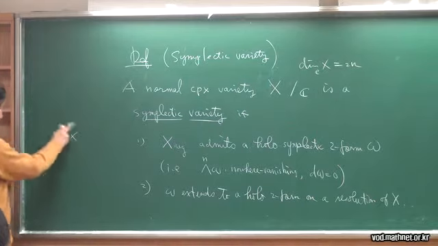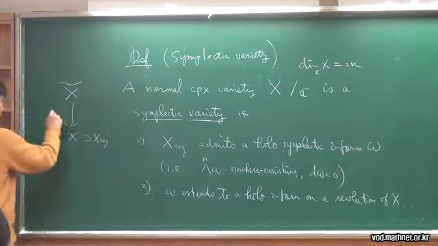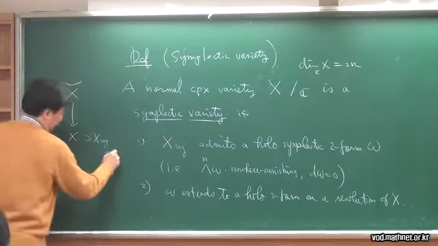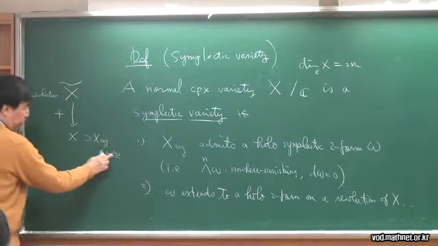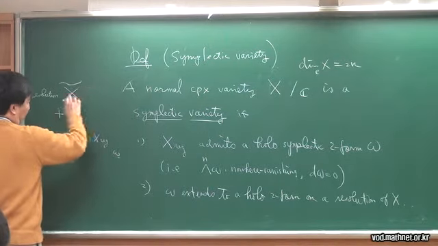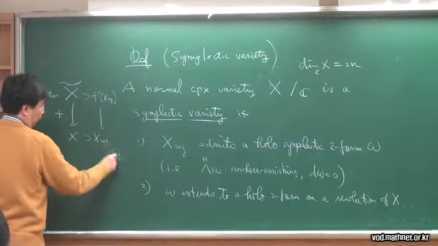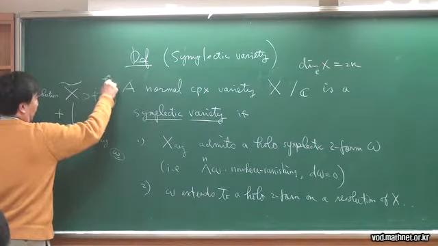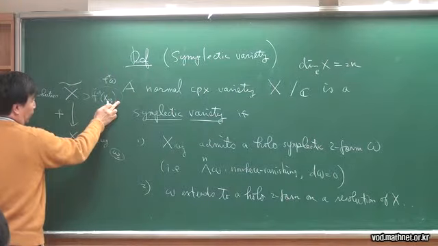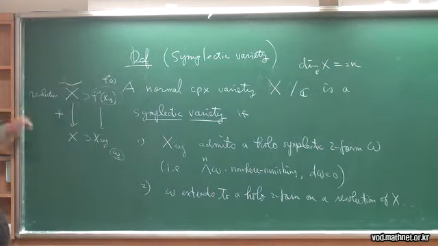Since X has singularities, you take some resolution, and we call this map f. This is the resolution. You have the holomorphic symplectic two-form on the regular part, and if you pull back this omega to X tilde by f, you get a two-form on a Zariski open subset of X tilde, and the complement is just some exceptional locus.